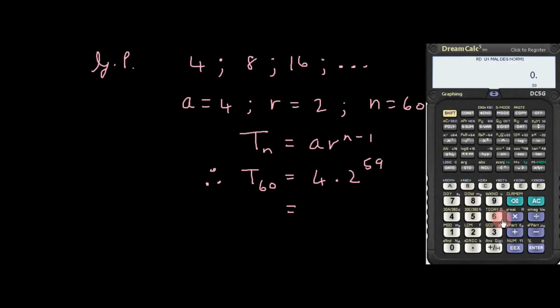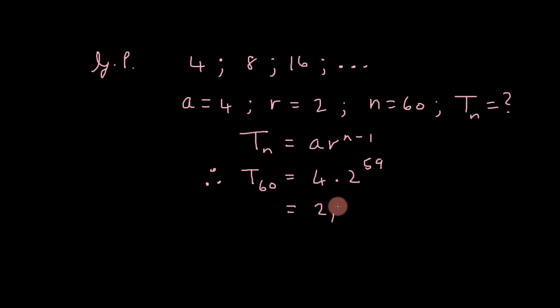So let's see what that comes to. 4 times 2 to the power of 59. And this gives 2.31 times 10 to the 18.